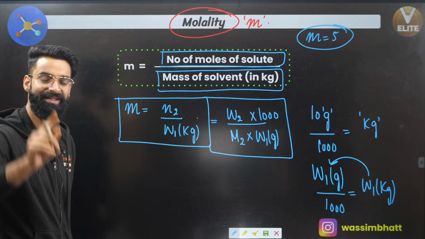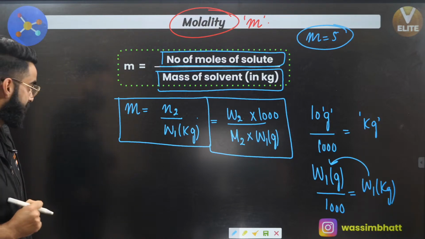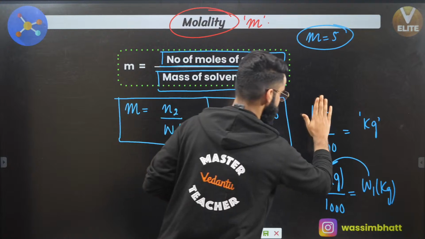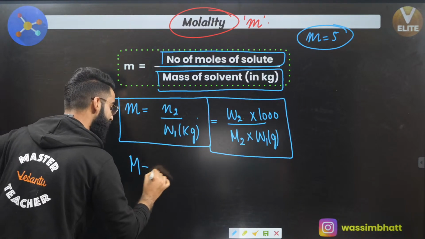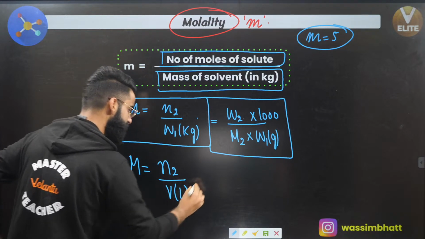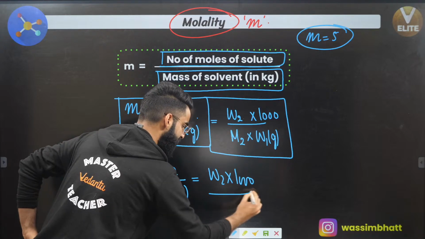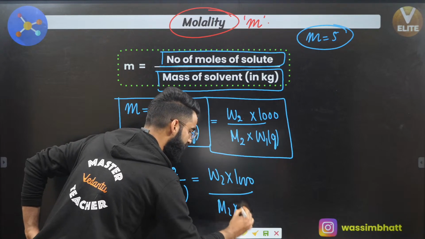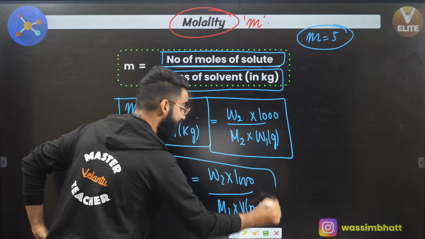Now, one thing which you would have noticed. Understand properly: what was the formula to calculate molarity? Molarity was number of moles of solute divided by volume of solution in liters, or you could have written it like this: W2 multiplied by 1000 divided by M2 multiplied by volume of solution in milliliters. This is how we can calculate molarity.